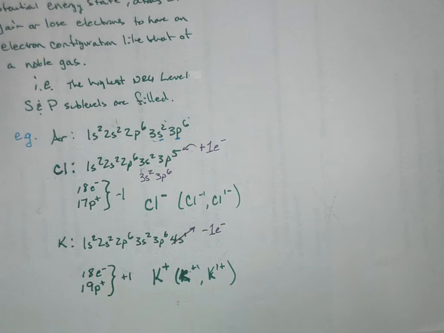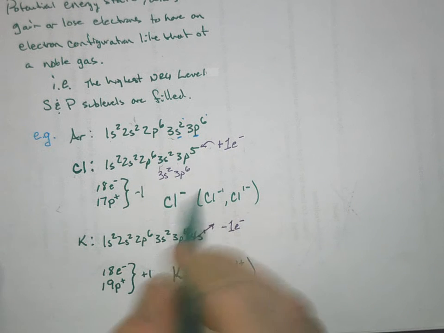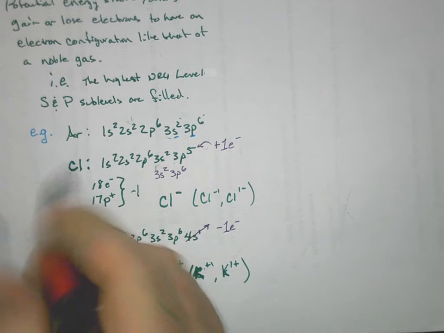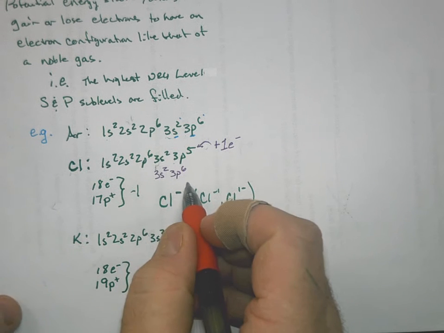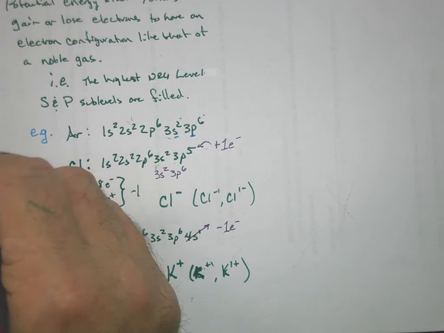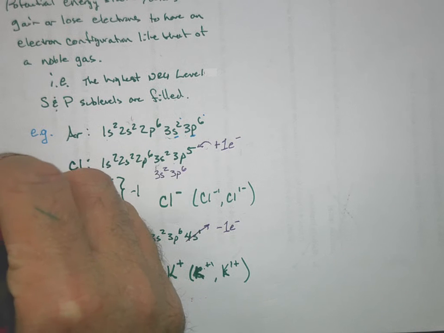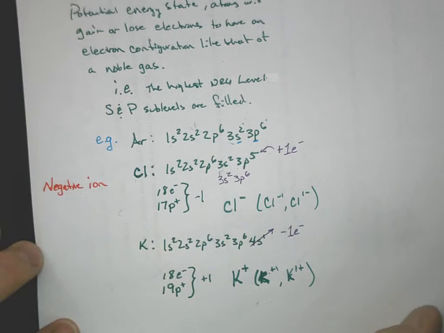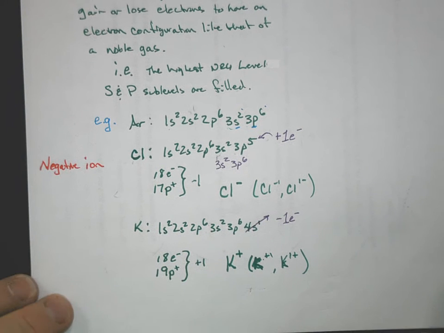Okay, we have names for these, by the way, and I have not shown this to you yet. This is a negatively charged particle. That is a negative ion.